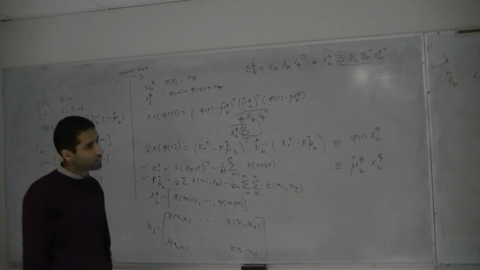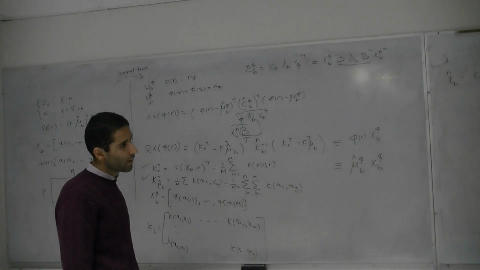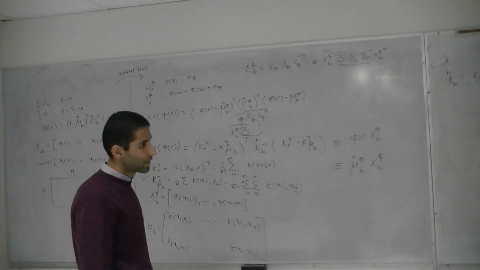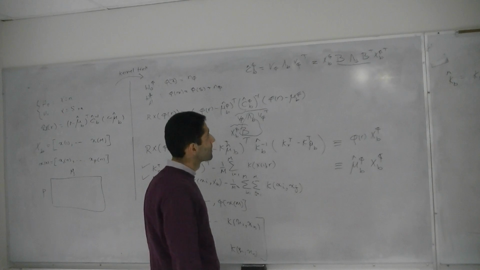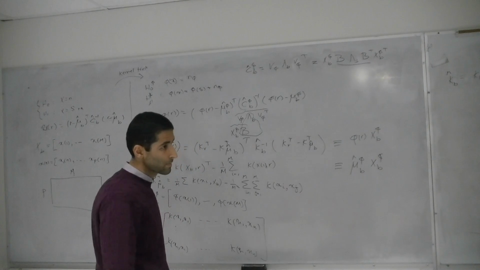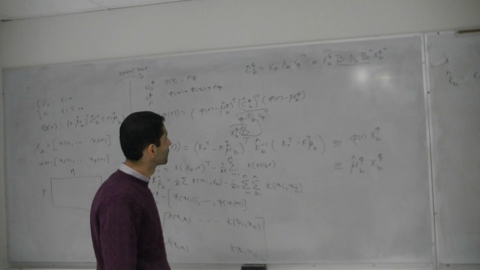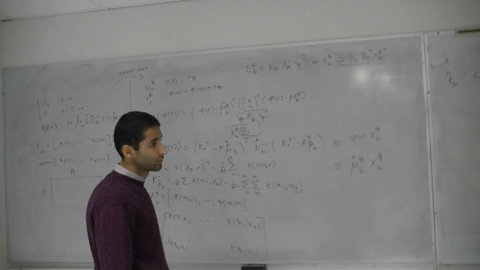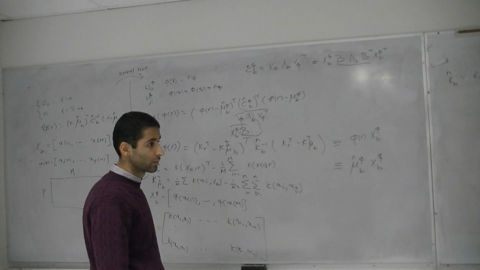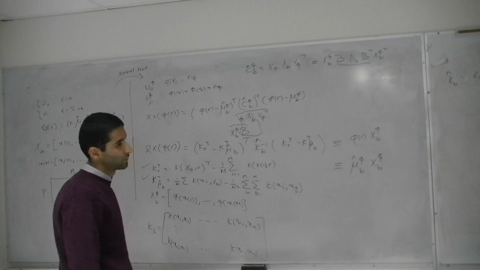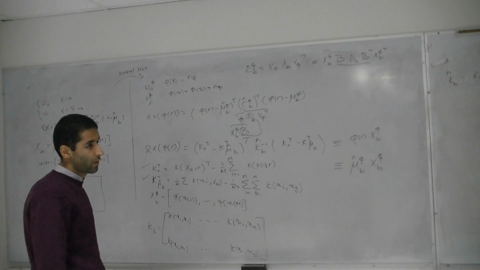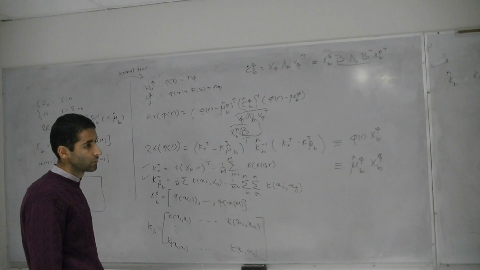B is the coefficient matrix. Because you said it's combining all x to form its eigenvector. So B is a coefficient, and times the lambda times the B is equal to K.